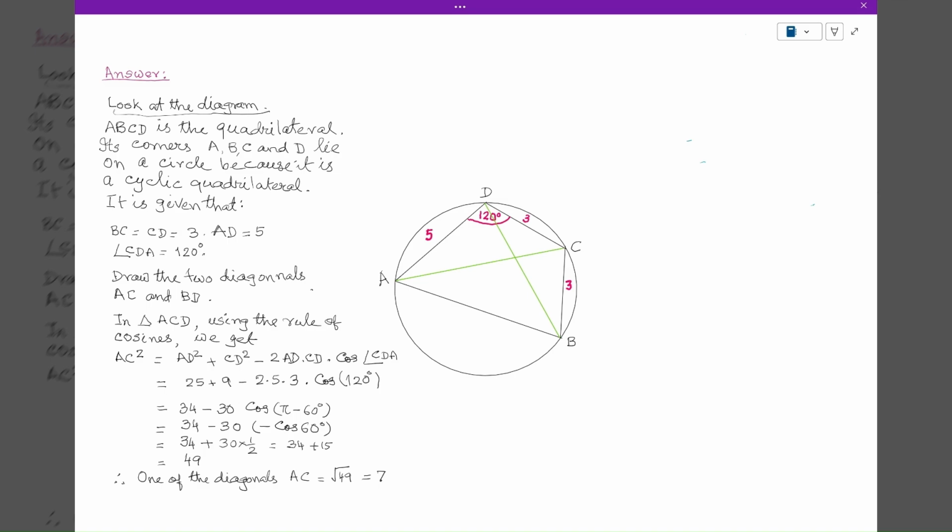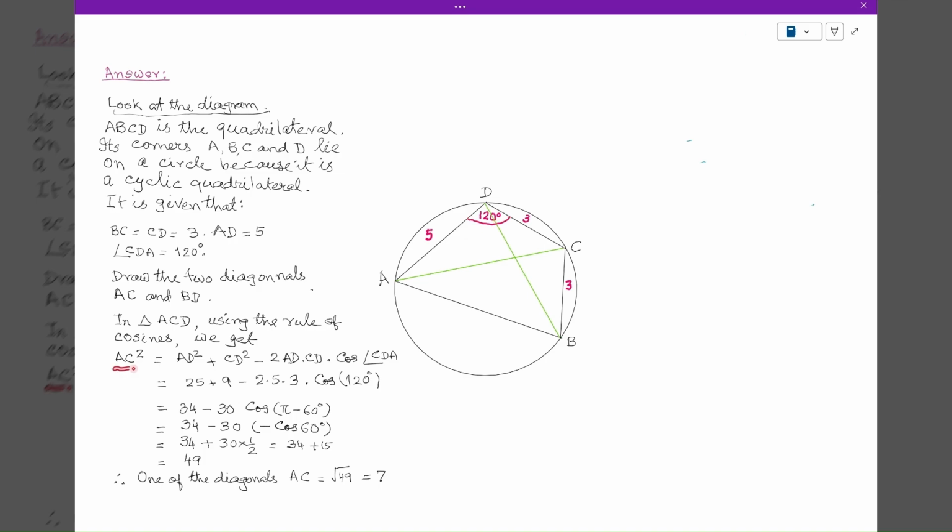So we can use the rule of cosines to find out the third side, which is AC. Using the rule of cosines, we get AC square is equal to CD square plus AD square minus 2 CD into AD into cosine of this angle, which is 120 degrees.